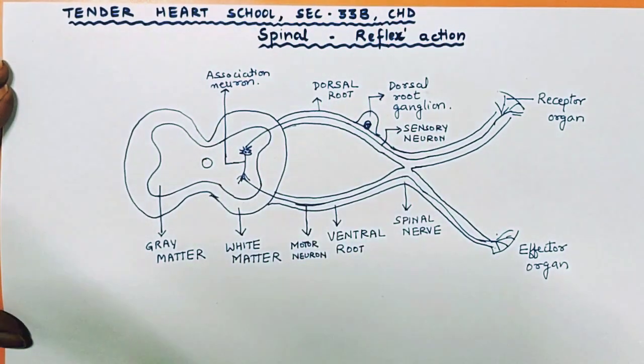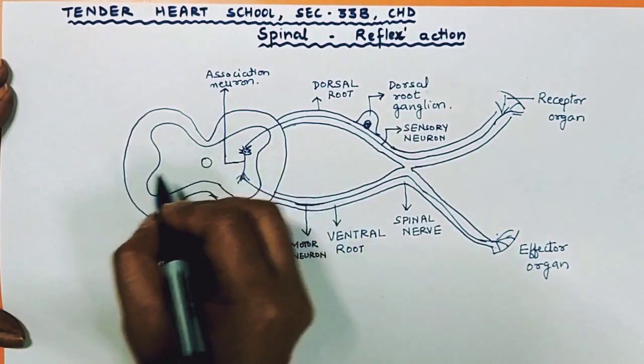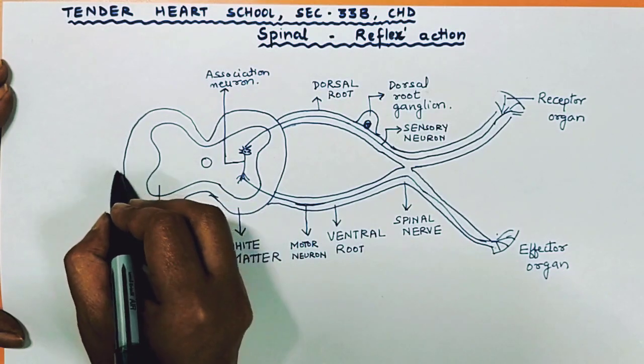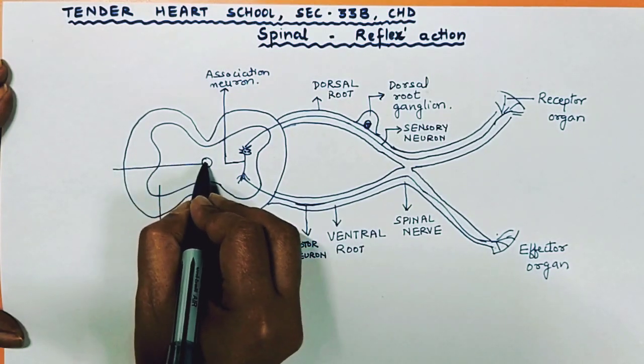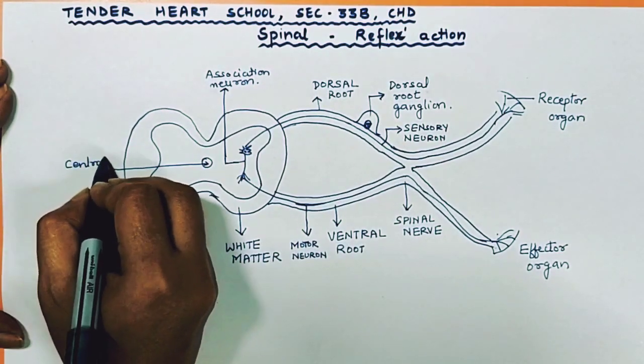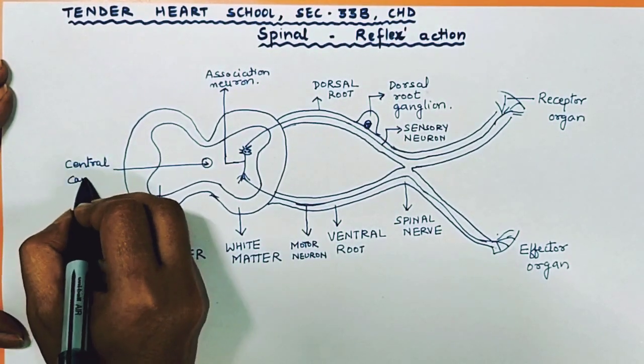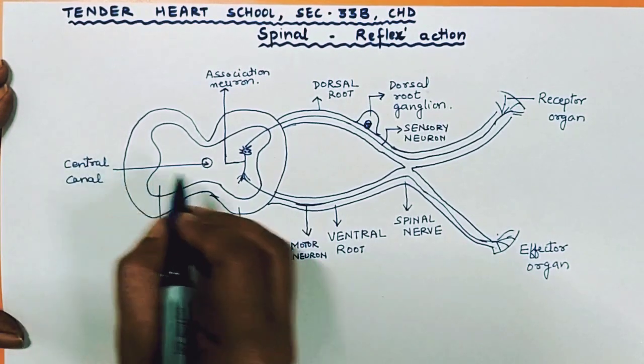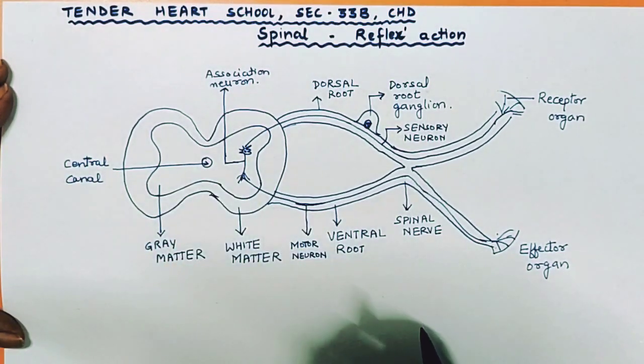Right? The central cavity of the spinal cord is called the central canal, through which the cerebrospinal fluid is passing.